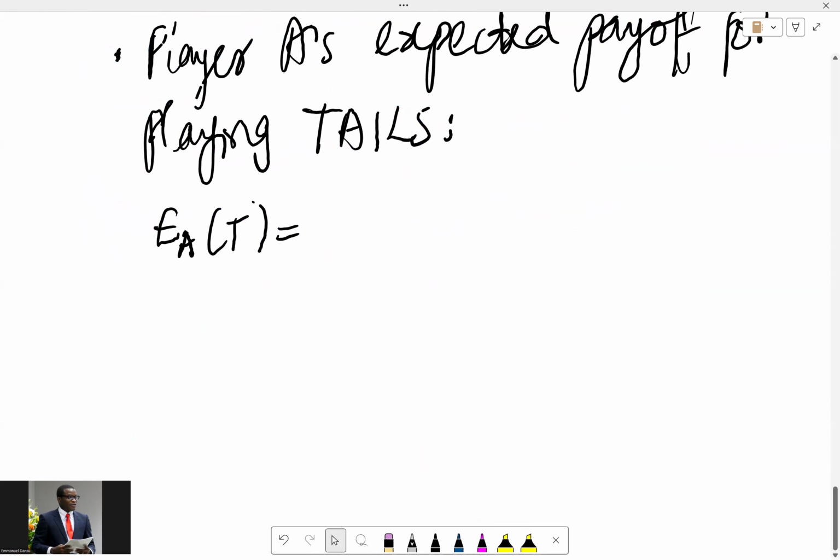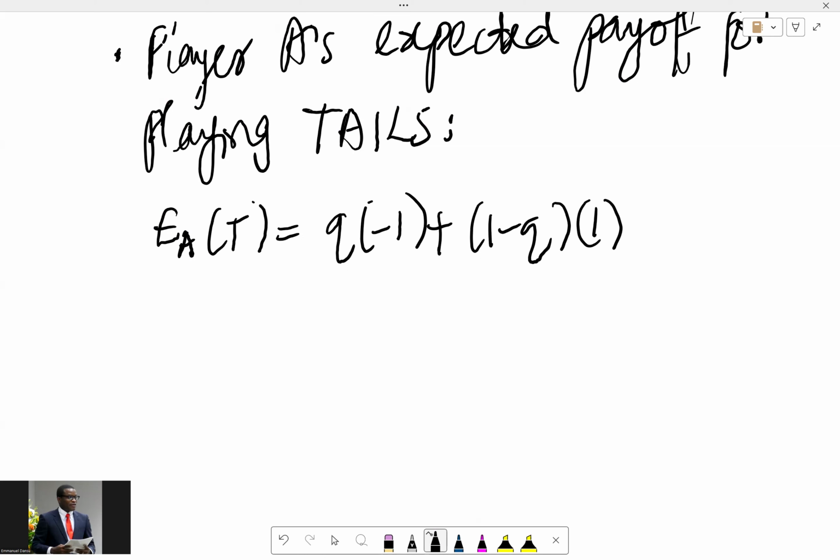So for this, we are going to have the probability of playing a head in this case, which is Q, multiplied by the -1 that we get when player A plays tail after B had played head. So Q into -1 plus 1 minus Q into 1. That's the payoff for playing tail when B also had played tail.